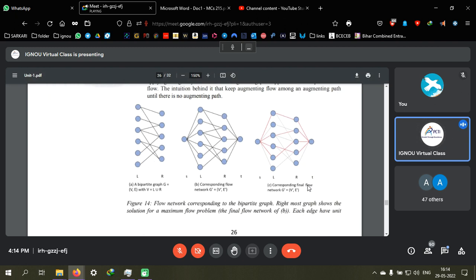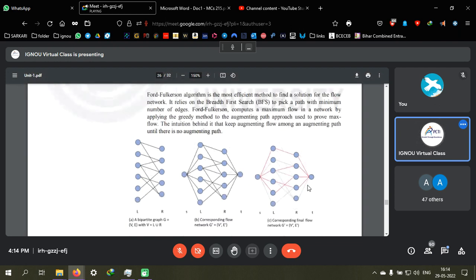It's not compulsory to take these edges only. You can take the opposite also, but you have to specify to select the edges with minimum number.